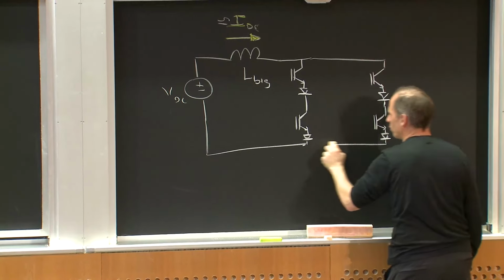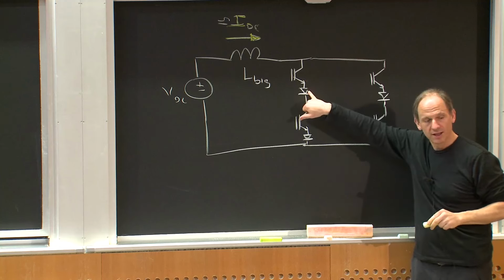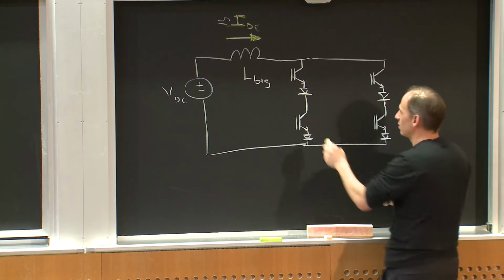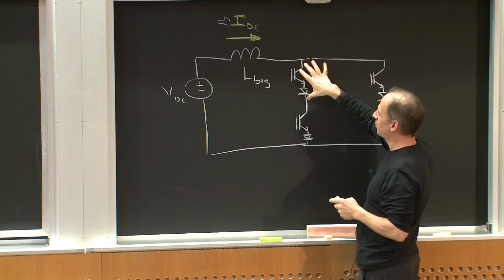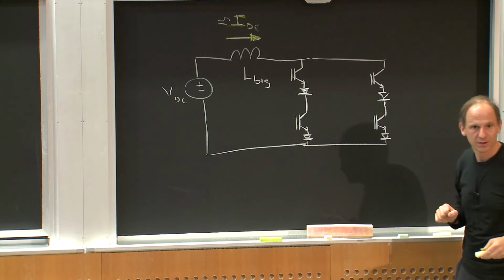These switches can carry unidirectional current, but they can block voltage in both directions, right? Because they will not ever carry current that way, and if I try to put a reverse voltage on them, this diode will block, and everything will be happy, okay?